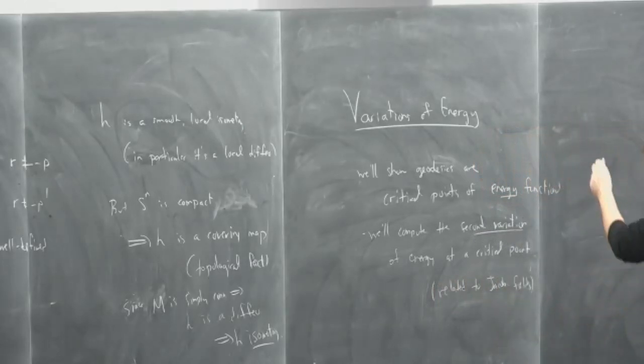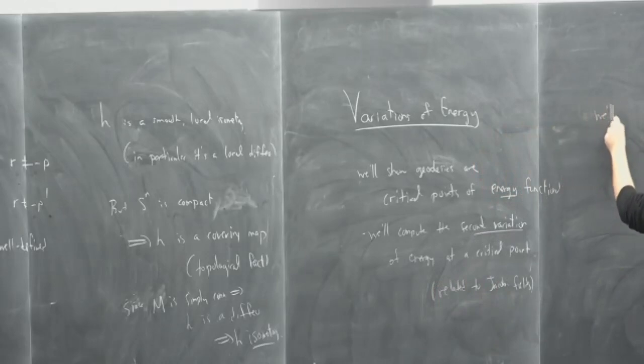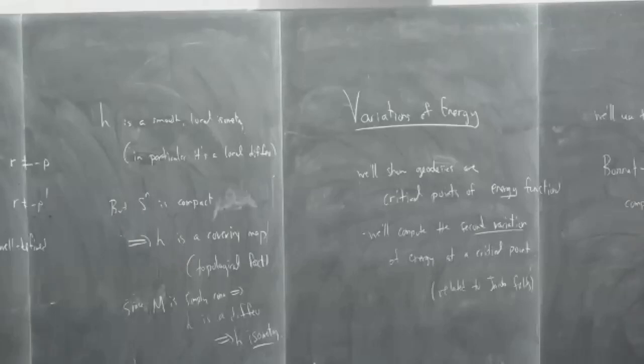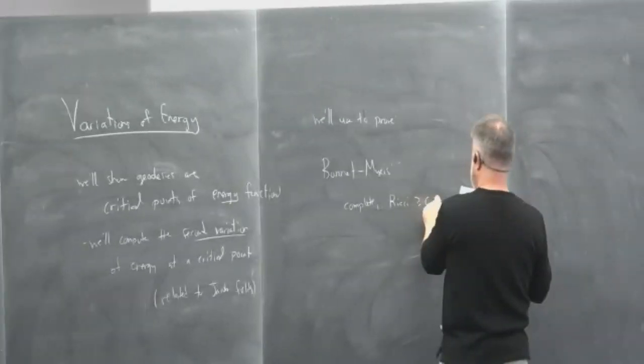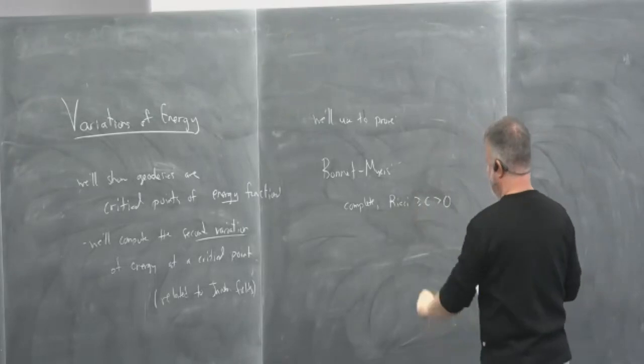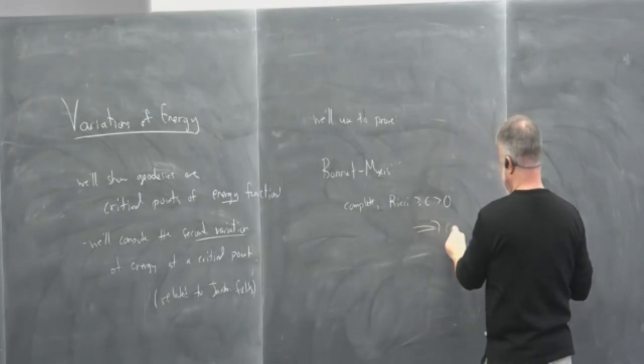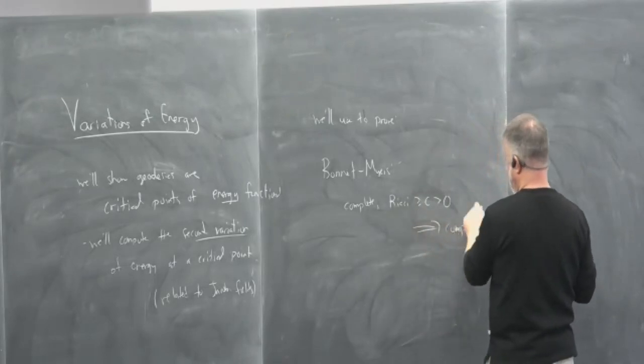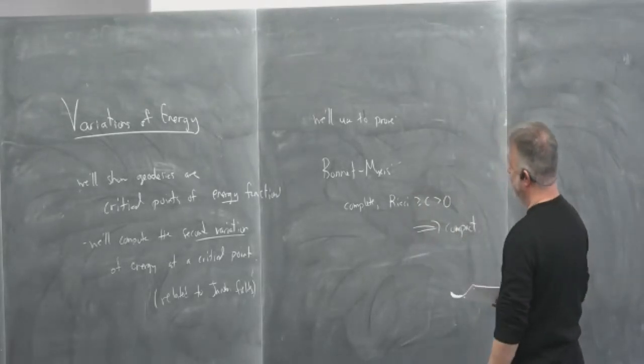And then in this chapter, we'll use this to prove two big global results. The Bonnet-Myers theorem says that if it's complete and Ricci bounded strictly above 0, then it's compact. I'm going to give a precise statement on Wednesday, or probably Monday of next week.